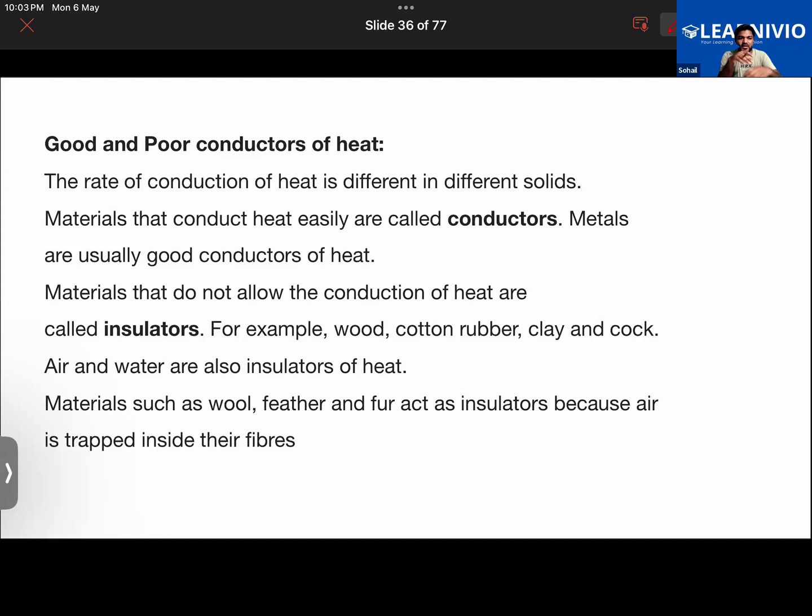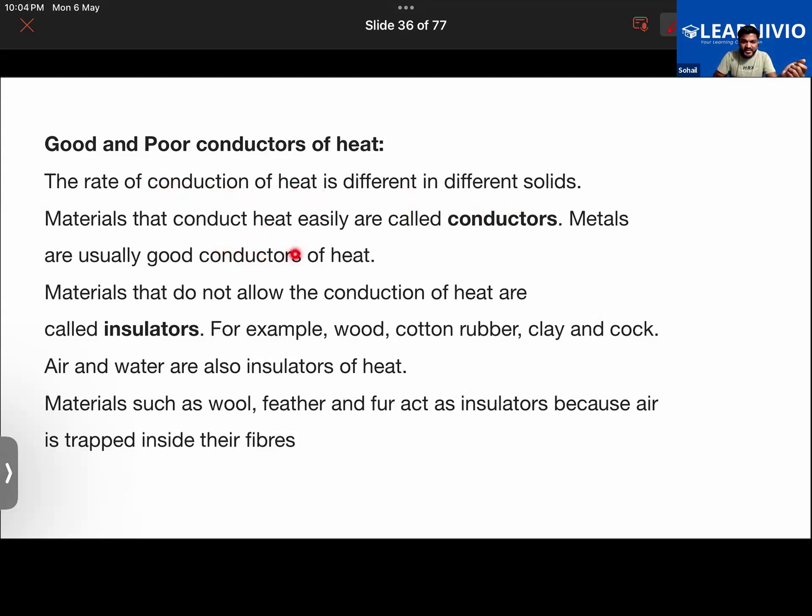Now see, in nature you have different objects. Some of the objects are good conductors of heat. They allow heat to easily pass through them, usually the metals. So metallic objects are said to be good conductors of heat. The rate of conduction of heat is different in different solids.